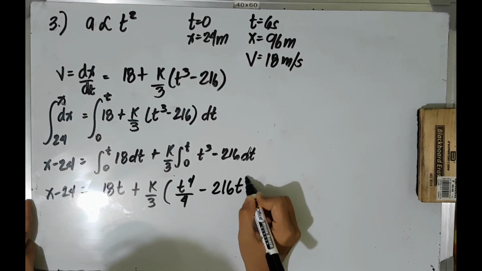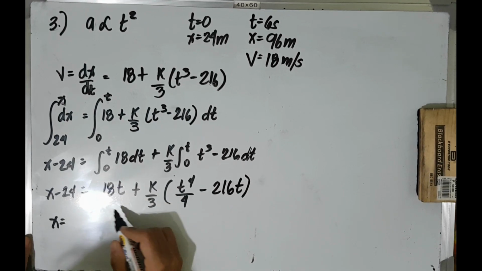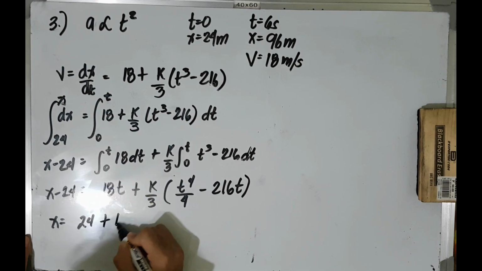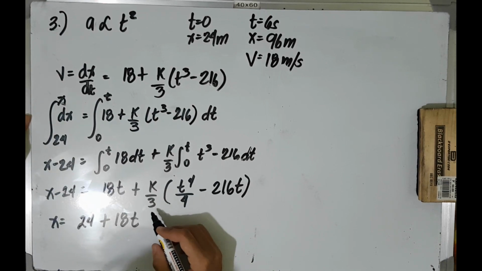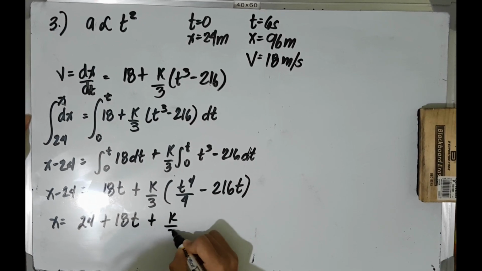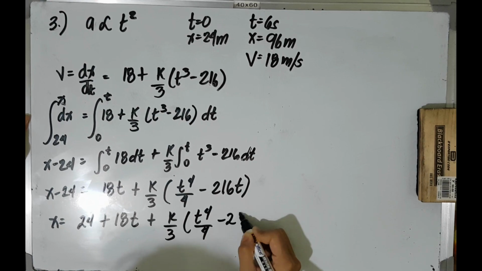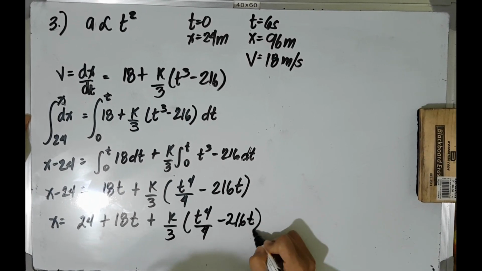Then simplifying the equation, so x equals 24 plus 18t plus k over 3 of t raised to 4 divided by 4 minus 216 t.